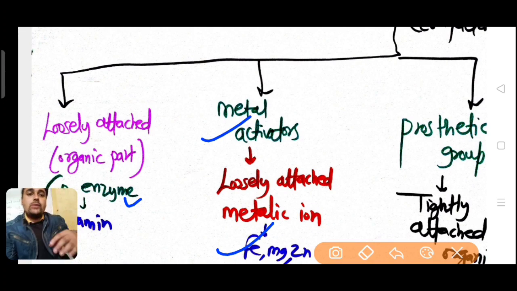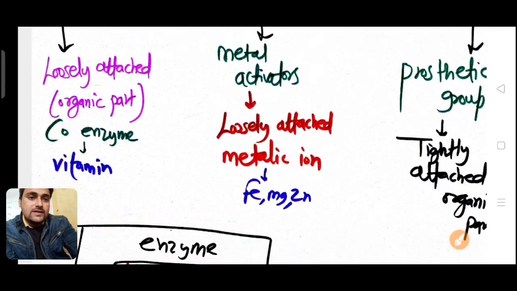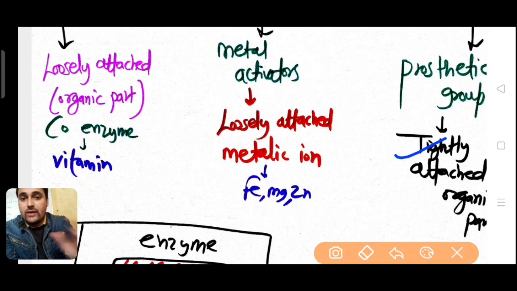If you come to the prosthetic group, it can be made up of either organic or inorganic material, but it is tightly attached with your proteinous part. This protein part plus the cofactor part together is called the holo enzyme.